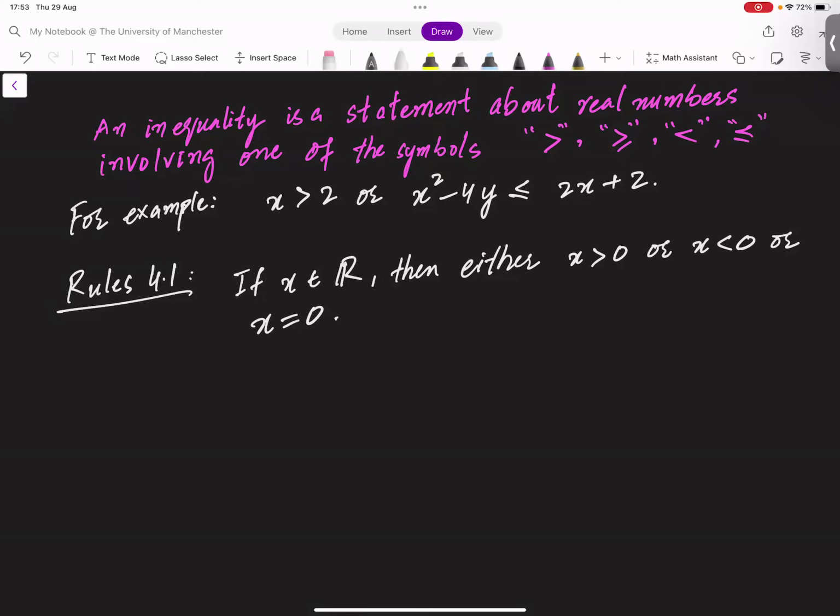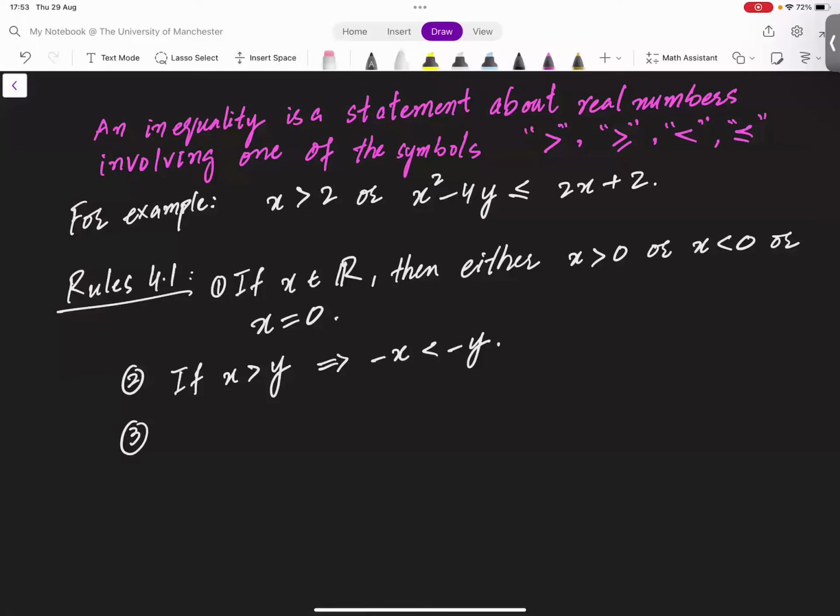So this is rule 1. Rule 2: if x is greater than y, then minus x is less than minus y.